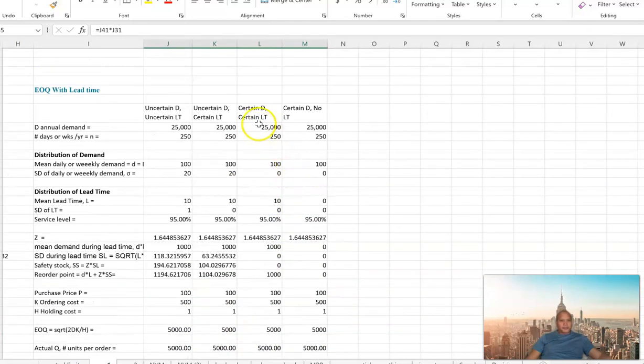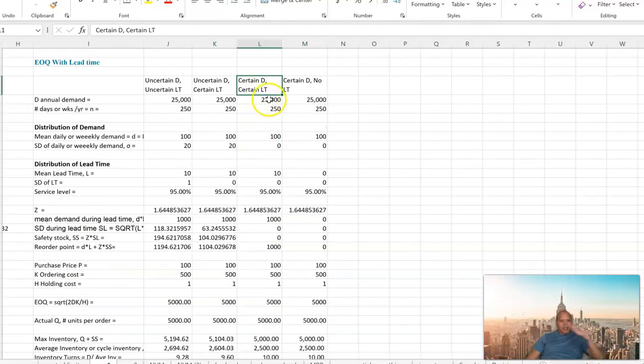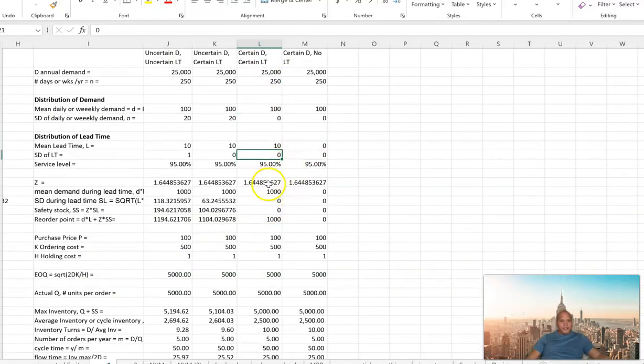Now let's look at the case where you have certain demand and certain lead time. Certain demand meaning you have zero standard deviation in the daily demand, and zero standard deviation in the lead time. So in this case, you do not need any safety stock.